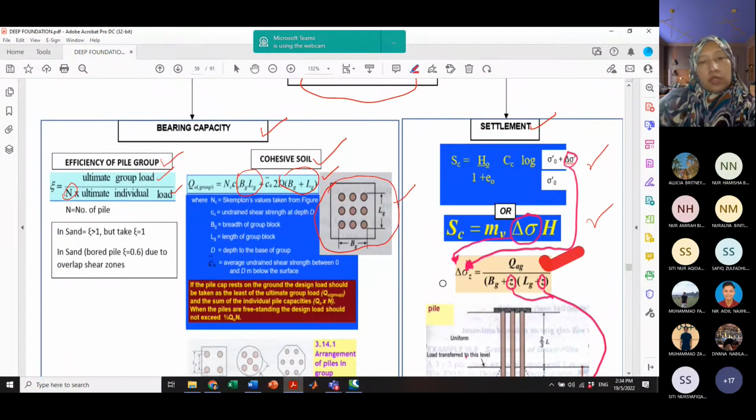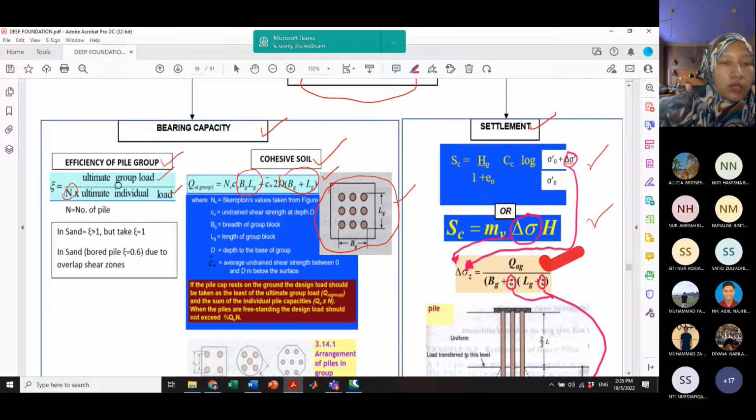So the next subsection for today is on the pile group dan juga settlement lah. Sebelum kita cerita pasal pile group, you need to know the efficiency of the pile group. The efficiency of the pile group can be estimated from the ultimate group load bahagi dengan number of pile darab dengan ultimate individual load.